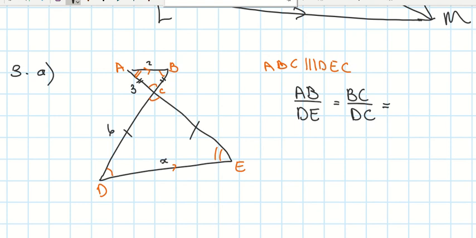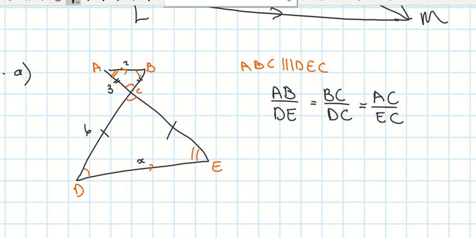DC is equal to, what is left? AC, and then corresponding to DC, BC. So we have EC. Okay, do you remember this now?